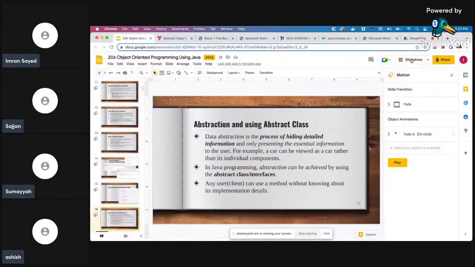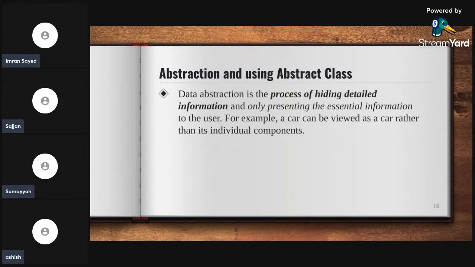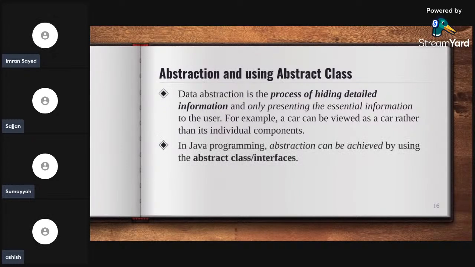I can go. Okay. So now we'll talk about abstraction and how to use these abstract classes. So data abstraction is the process of hiding detailed information and only presenting the essential information to the user. For example, the car can be viewed as a car rather than its individual components. In Java programming, abstraction can be achieved by using abstract classes or interfaces.